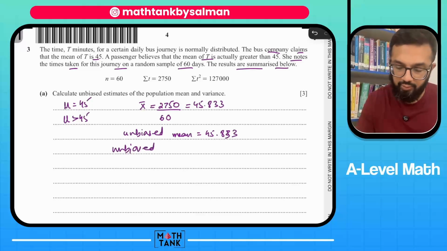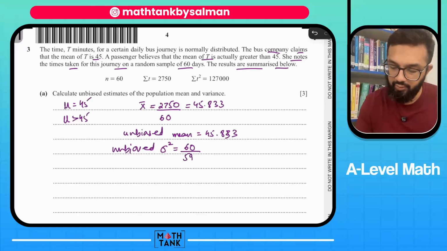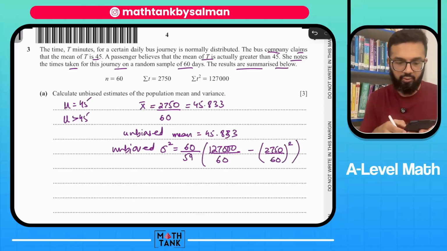The unbiased sigma squared is 60 over 59, times (127,000 divided by 60 minus (2750 over 60) squared).